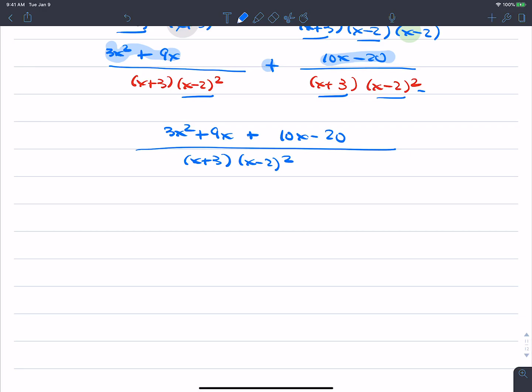So combining like terms, we end up with 3x squared plus 19x minus 20 over x plus 3 times x minus 2 squared.